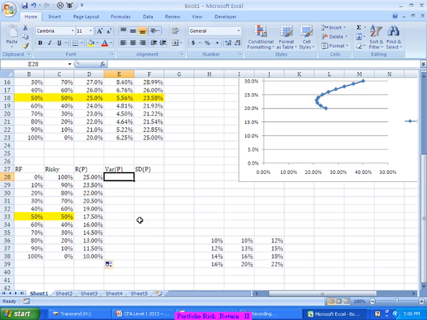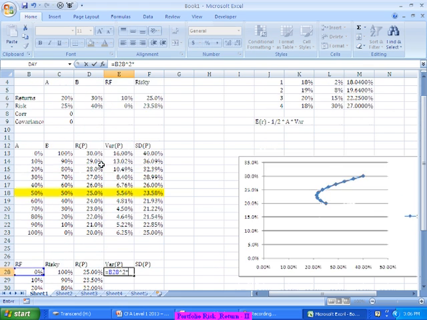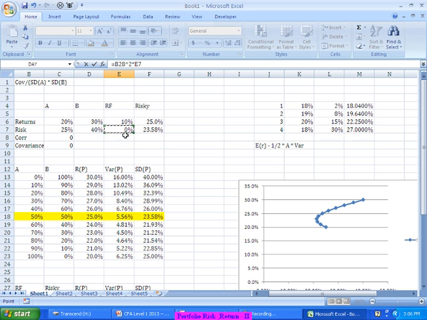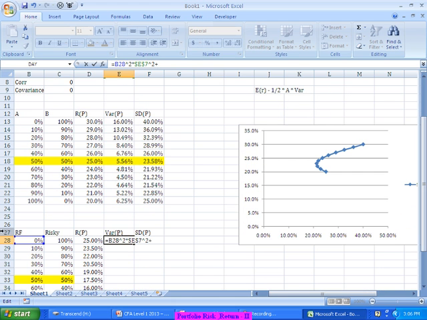The variance, the same logic I can use. W1 squared into the variance of the first one, plus W2 squared into the variance of the second one.